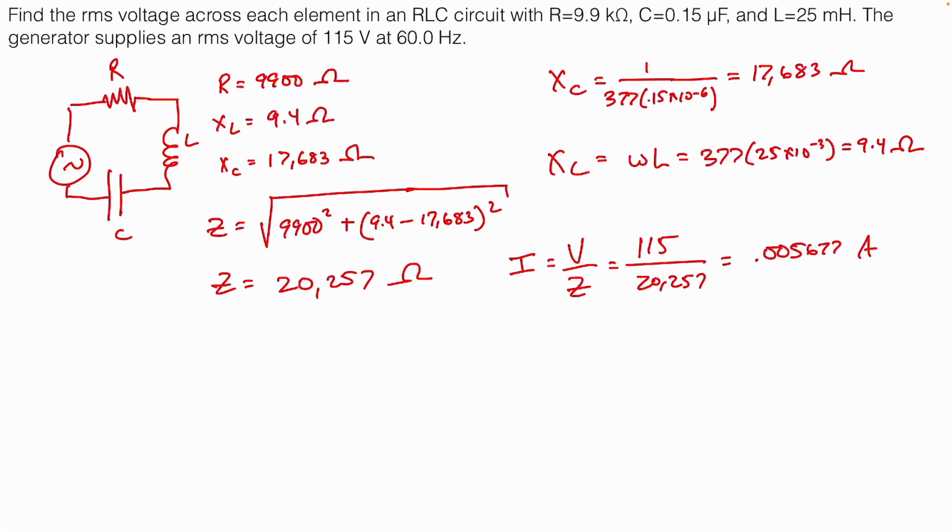And the voltage through the resistor, let's say, is going to be the current in the circuit times what? The resistance of the resistor. It doesn't have to be the whole impedance because they just want the voltage through the resistor. So I take my 0.005677 and multiply it by 9,900.